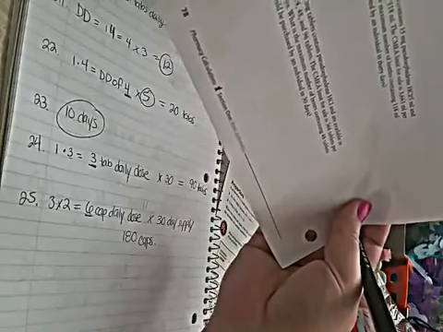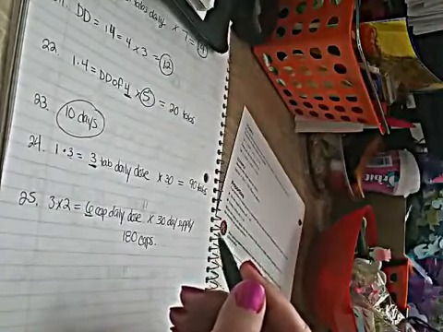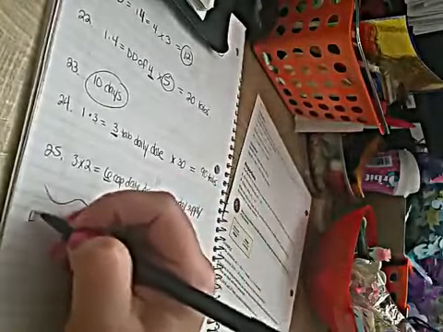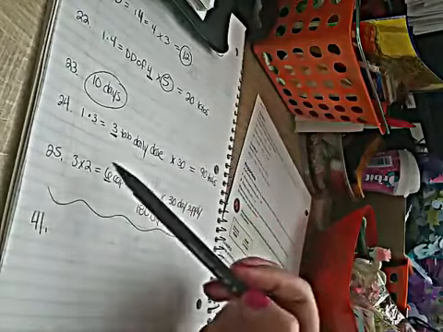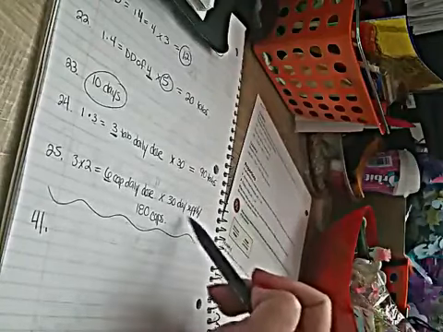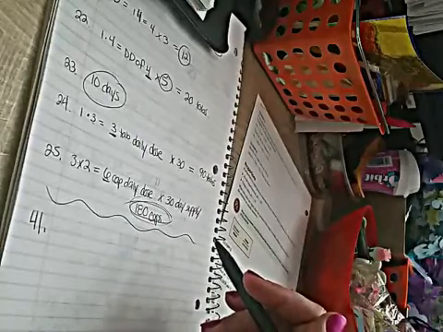Number 41, I believe, has a little more to it. From 25 to about 40, it's the same thing: find your daily dose and multiply it by your day supply in order to get what you need to dispense. And that's it. Okay, number 41.